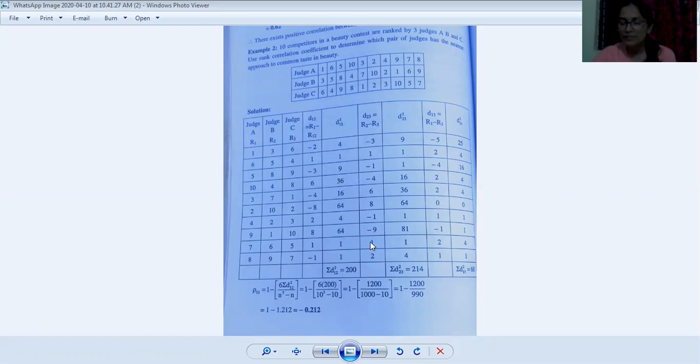So we have three different values, and each of those values of rho shows the correlation between two judges. So we will have three answers here.